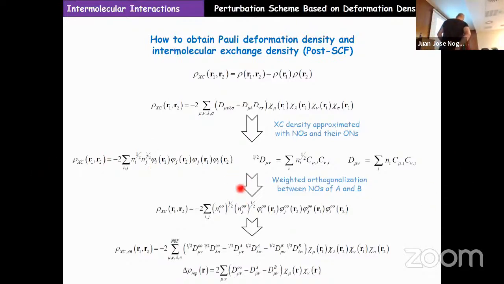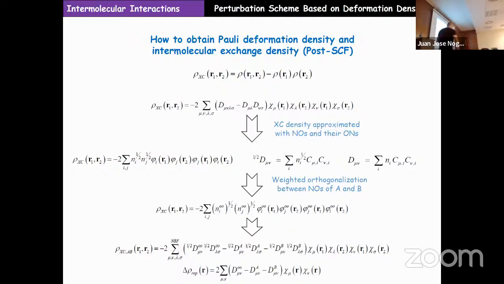With this idea, we do exactly the same as in Hartree-Fock SCF, with one difference in the orthogonalization process. Because I have natural orbitals of fragment A and natural orbitals of fragment B, they are non-orthogonal, and I have to orthogonalize them.